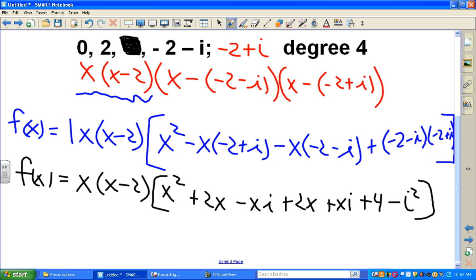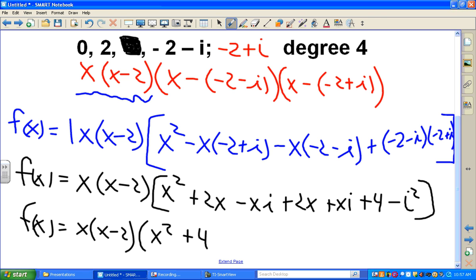Okay. So then f of x equals x times x minus 2 times x squared plus 4x. The xi's cancel. You got the 4x right here. And then the i squared is -1. So it'll be plus 5.